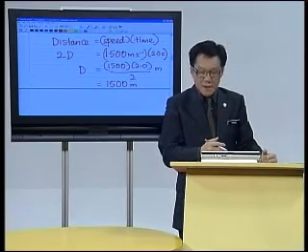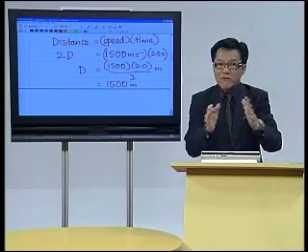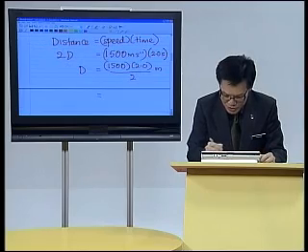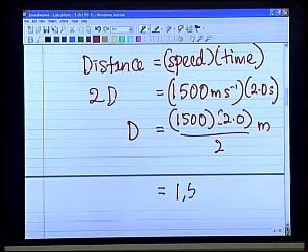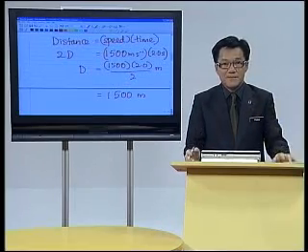So it is very good. If you don't write down the units, you will not be able to get your full marks. Let me tidy this up a little bit, please. So the answer is 1,500 meters. That is the distance. We want to calculate d.